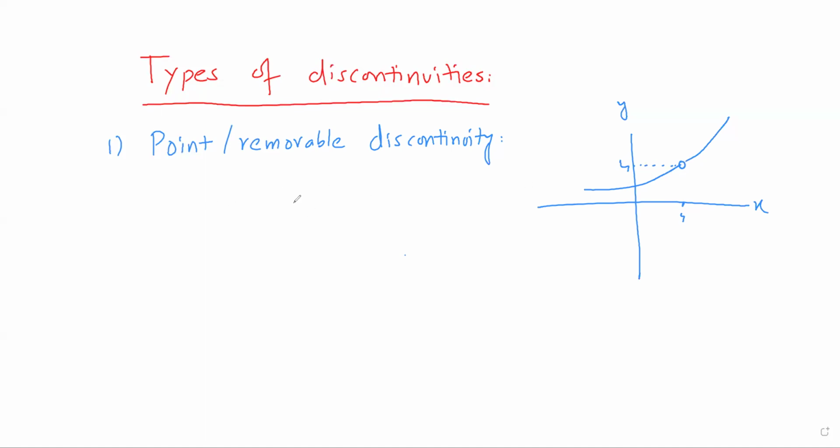So let me tell you what we mean by continuity. F is continuous at x equal to a if and only if, as x goes to a, f of x goes to a value, let's say L, or in this case, f of a.